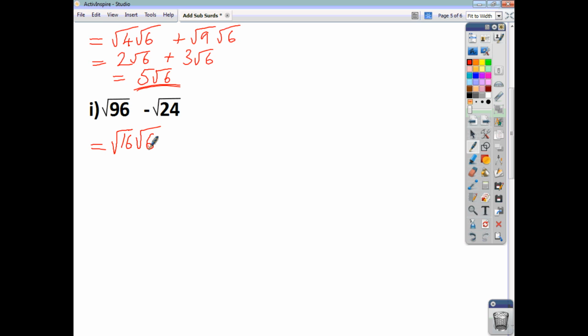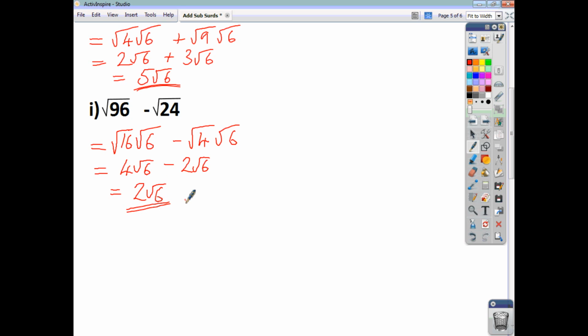Okay, so 6 tens are 60, 6 6s are 36. They add together to give you 96. And as for 24, we break it down just like we did in the previous question. It's root 4 times root 6, because 4 sixes are 24. So that leaves me with 4 root 6 minus 2 root 6, which gives me a final answer of 2 root 6.